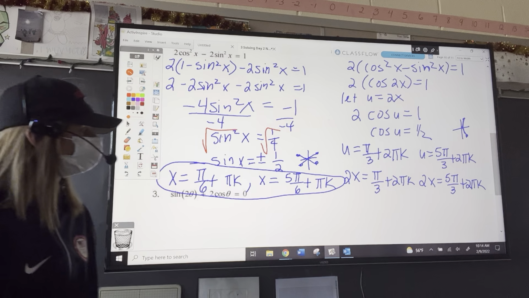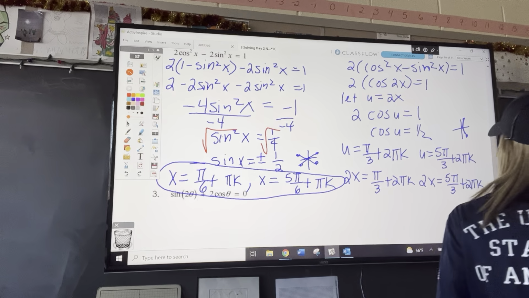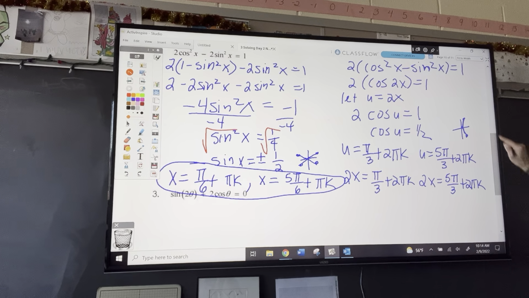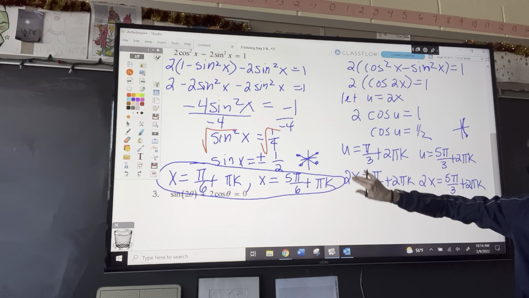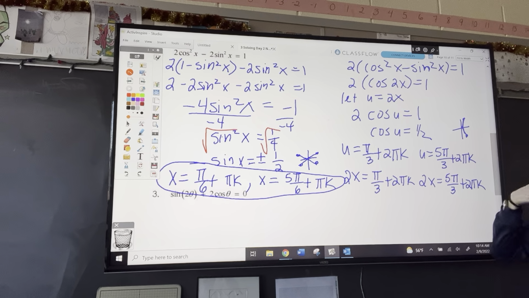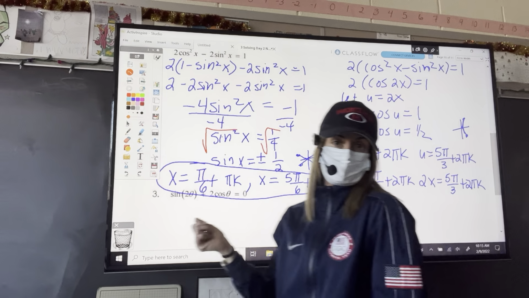Almost finished. So we wrote the solutions using the unit circle. They are different distances apart, so I have to write them separately with the 2 pi k. The u reminds us that we have not finished because we still have to substitute back in the 2x for the u. Rewrite the general solutions, and now we have to isolate the x. And then we're done.